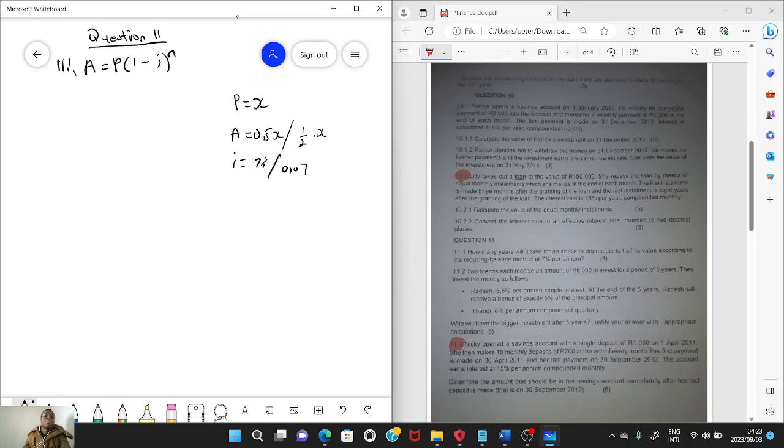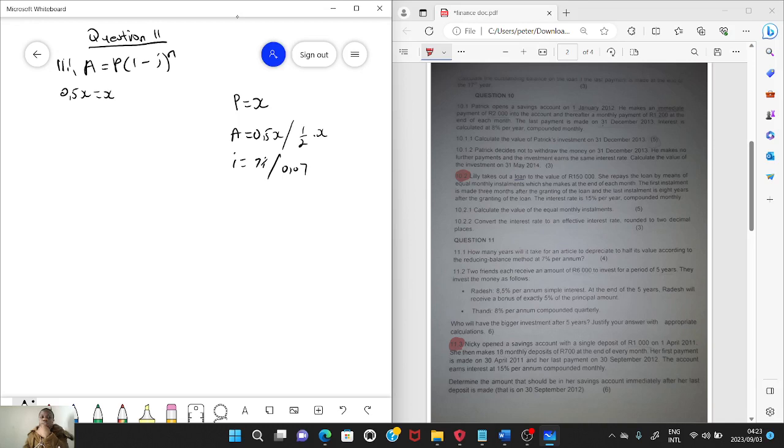So I substitute. On my A, the amount after it has depreciated is 0.5x, because it's half its price. Its price is x, so on P, I'll put x.